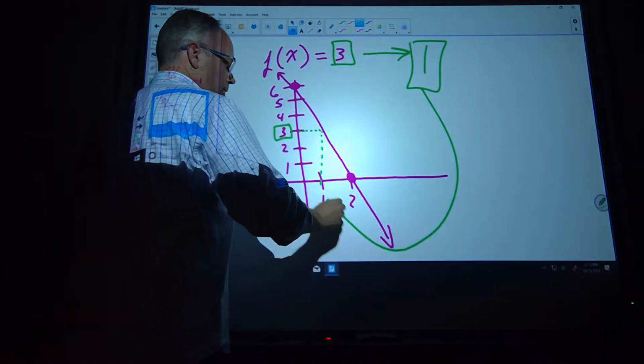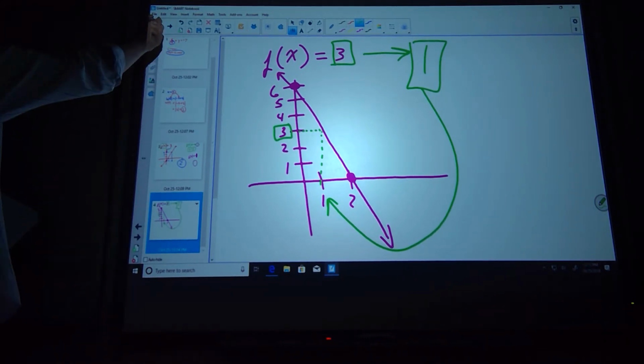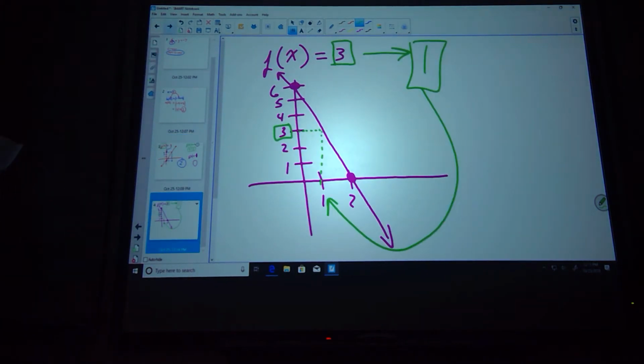Granted, my graph isn't as perfect as the one on the paper, but is that right? Yep. I think that it looks more confusing than it is. If you have f of x equals, that means you're going this way. So this is the exact same thing as this problem here. It's just the graph's a little different.